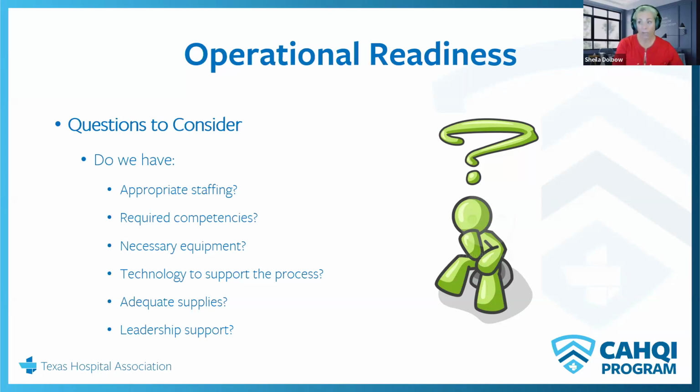When it comes to equipment, if it is something that we do not have, we would not want to put out any type of policy or start that process until we actually had the equipment. And when it comes to technology, everyone's technology is different and everybody's levels of technology are different. So some of you are able to have really robust IT personnel who can manage that type of thing for your organization when it comes to technology.